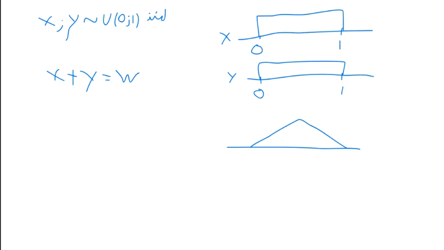Where this is 0. The maximum value should be 1 plus 1, 2. And the most reoccurring value should be 1. This is w.